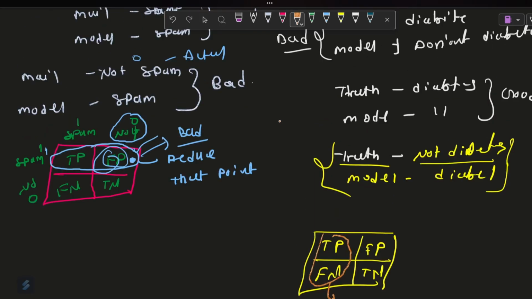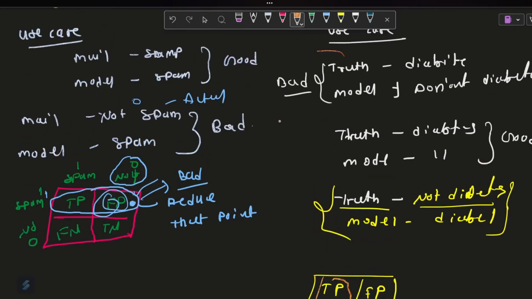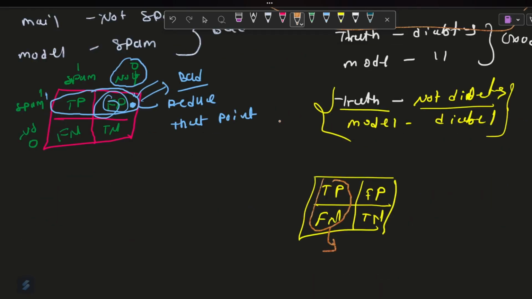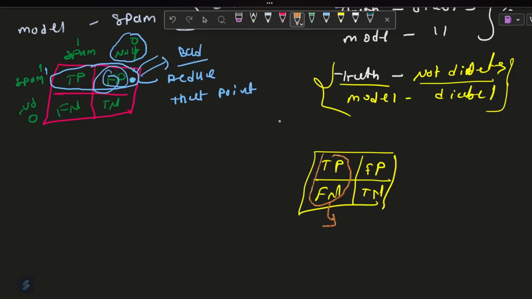Mainly we focus on reducing that point, because the truth is you have diabetes but the model predicts you don't. So in that case, we use recall. Basically, for different use cases, you use precision or recall instead of accuracy.